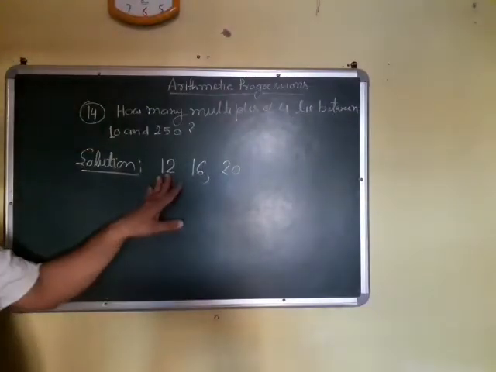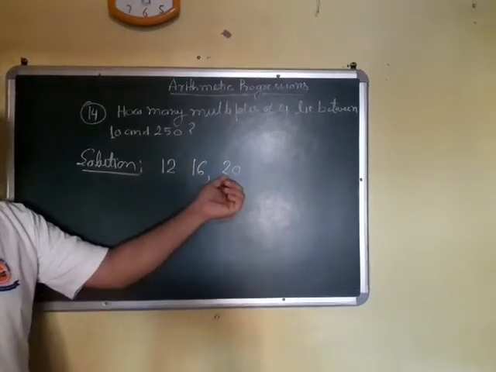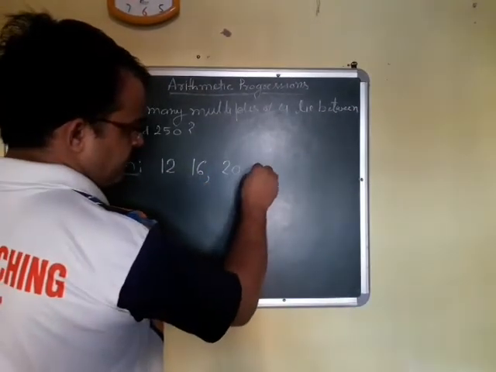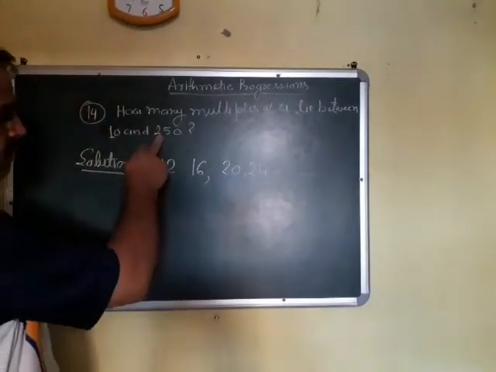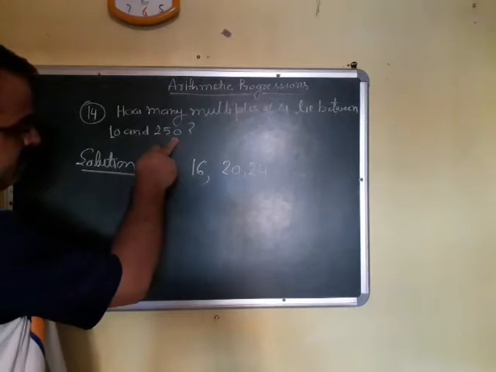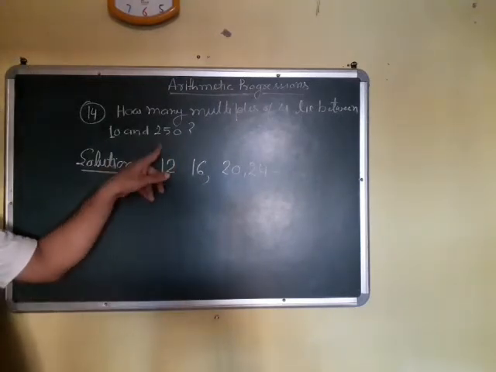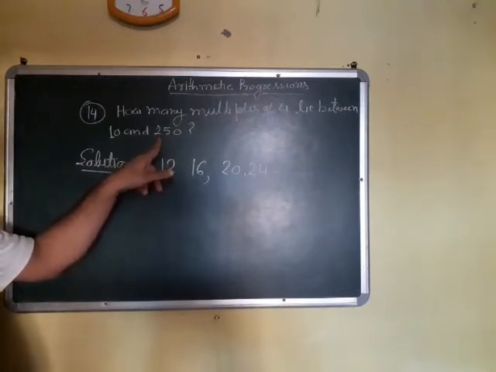Clear? 12, 16, 20. Clear? So these are 24, and so on. We go on; is 250 a multiple? No. So the last one less than it, 249, is not, 248.